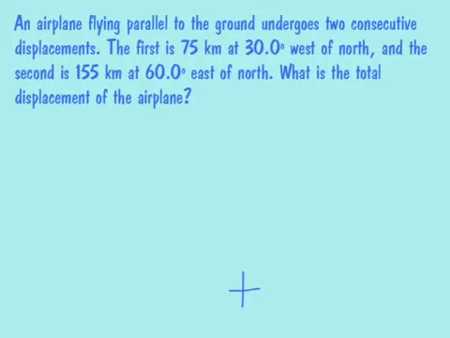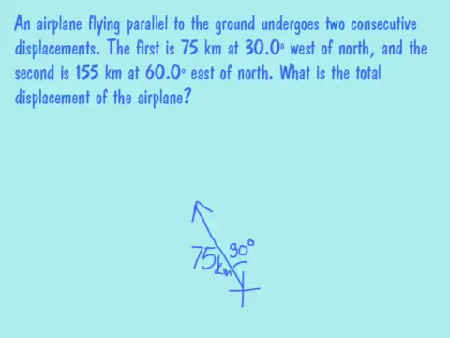And then I want to go 30 degrees west of north. That would be like saying 30 degrees to the left of the positive y-axis. So that vector looks something like this, with the 30 degrees being marked in here. And it's 75 kilometers.